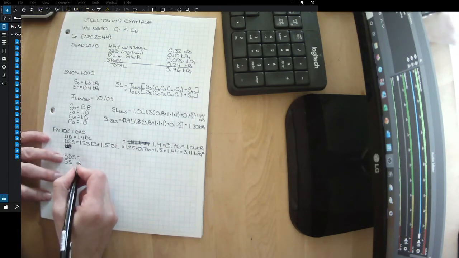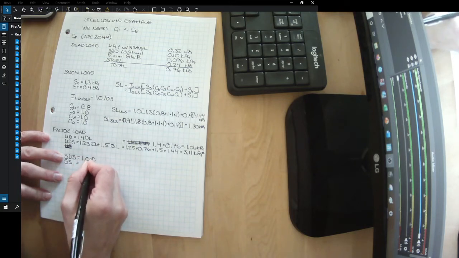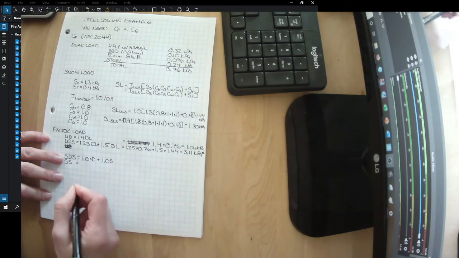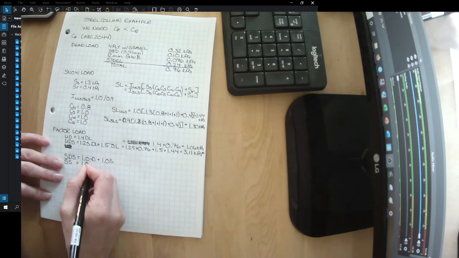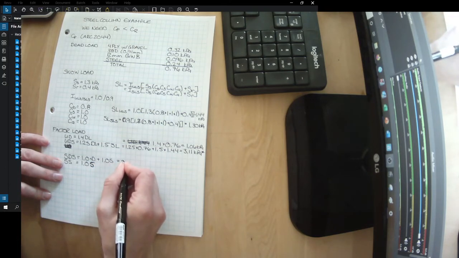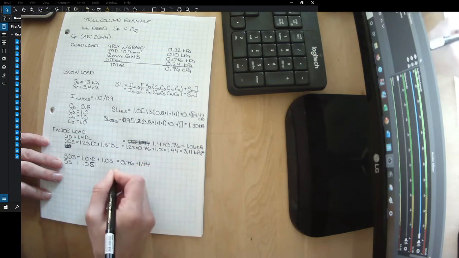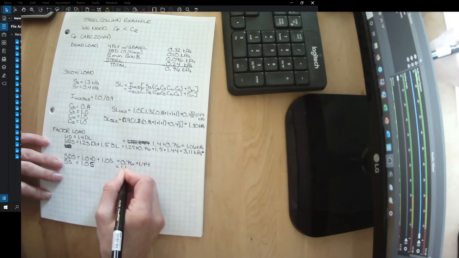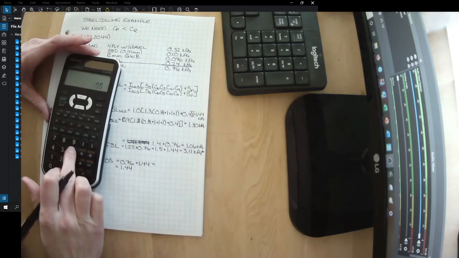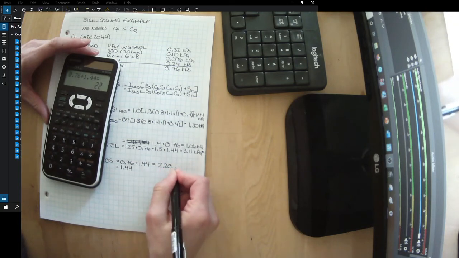So our serviceability load cases is 1 times dead plus 1 times our snow load and 1 times our snow load. So 0.76 plus 1.44 and 1.44. So 0.76 plus 1.44 equals 2.20.